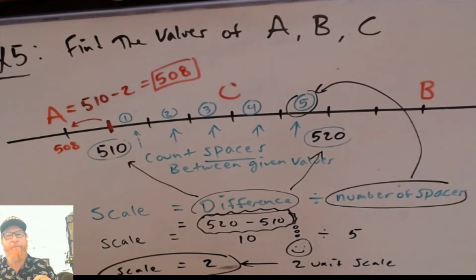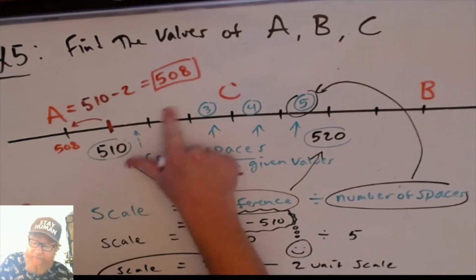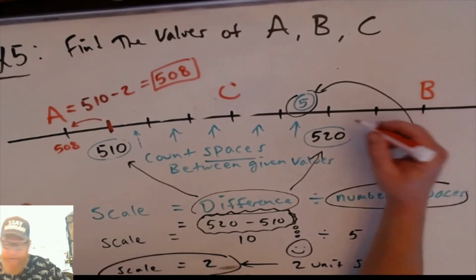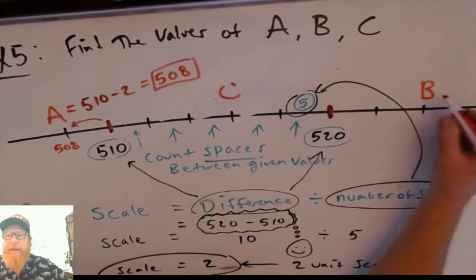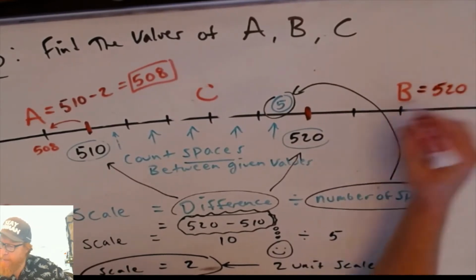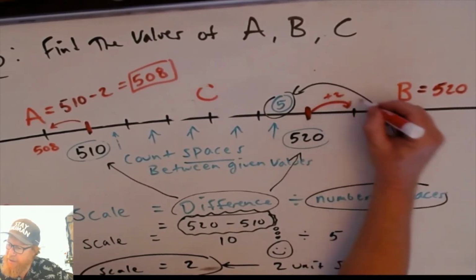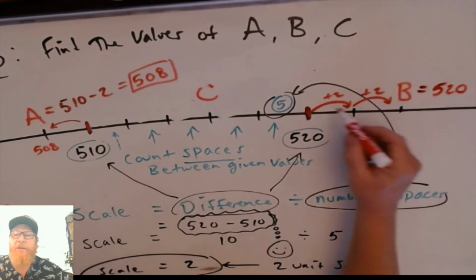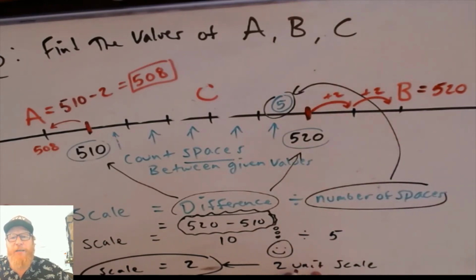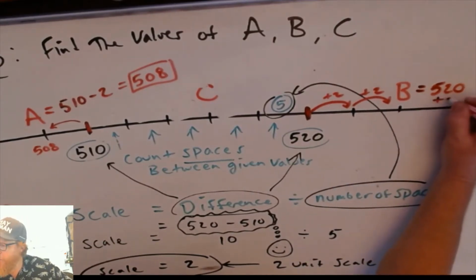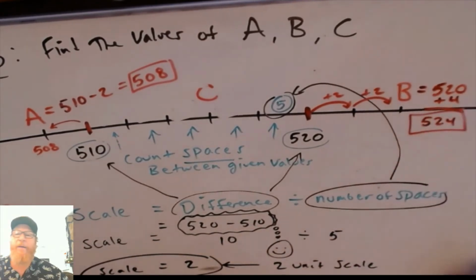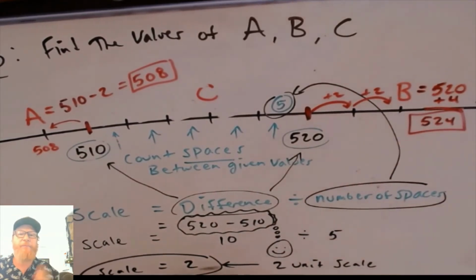Okay, I'll skip over here to B. B is 520 plus 2 plus another 2. Each one of these spaces represents 2 units, so that'll be 520 plus 4. So B is 524. That's the value of B.